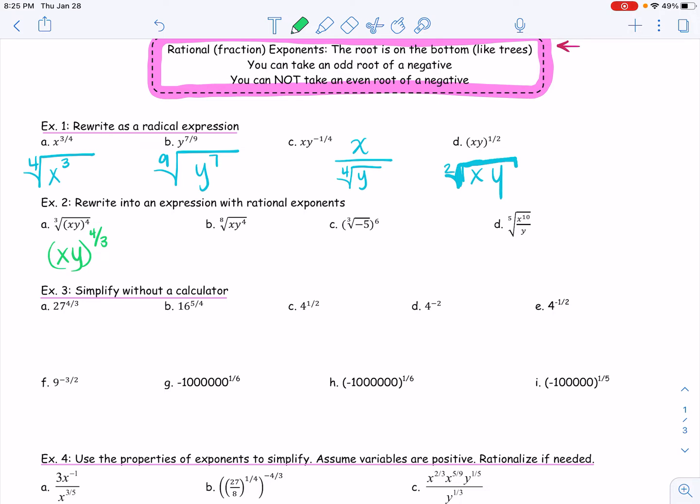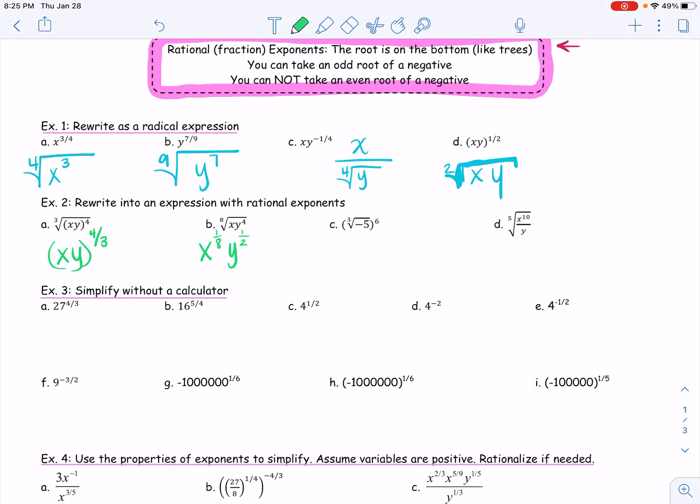So this means that the x has an exponent of 1 underneath the radical, and the y has an exponent of 4 underneath that radical. So technically, if I were to separate these, that would be x to the 1/8 and y to the 4/8. But I can simplify that because I know that 4/8 is just 1/2.